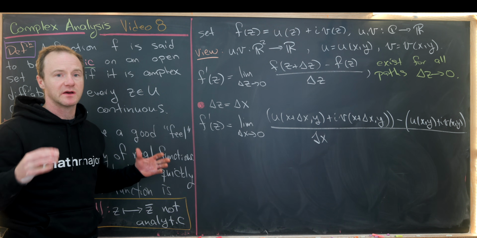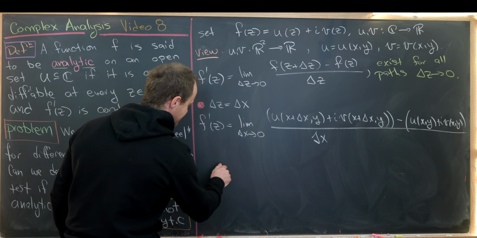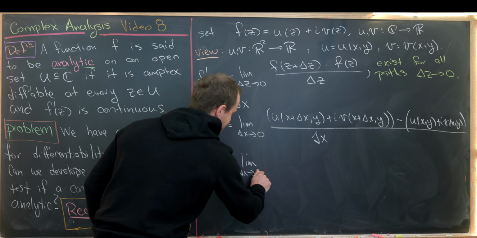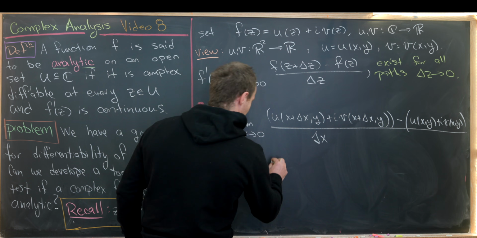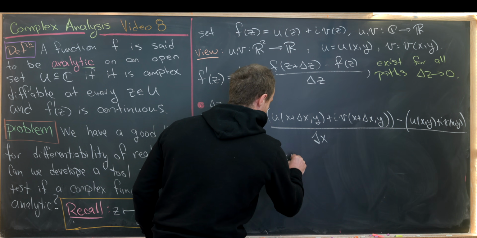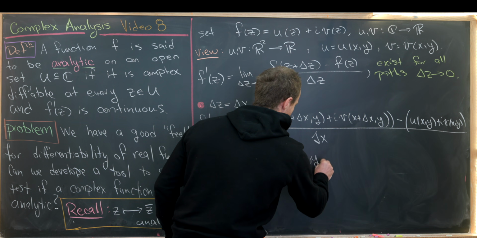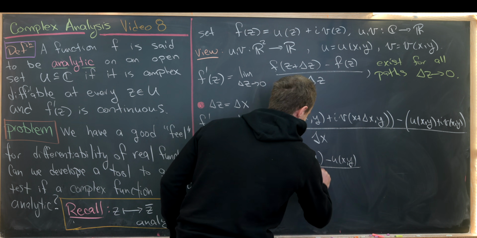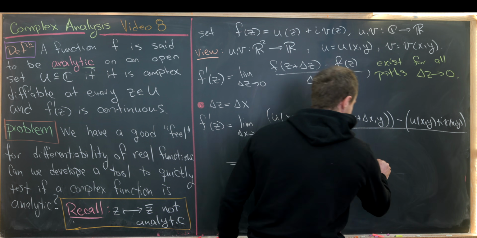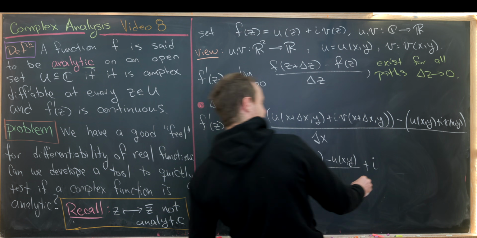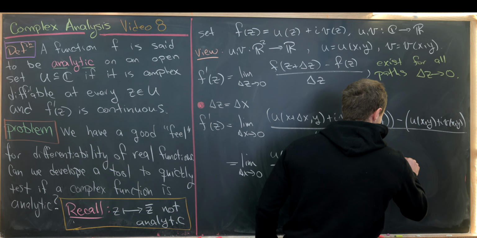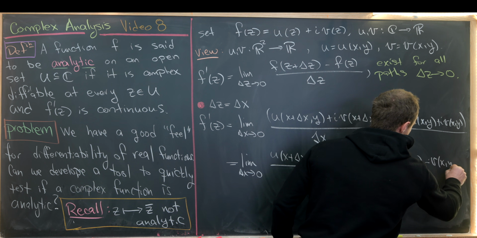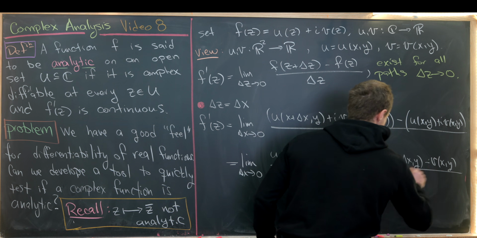Let's combine real parts and imaginary parts to see what we get. We've got the limit as delta x approaches 0 of u of (x plus delta x, y) minus u of (x,y), over delta x, plus i times v of (x plus delta x, y) minus v of (x,y), again over delta x.